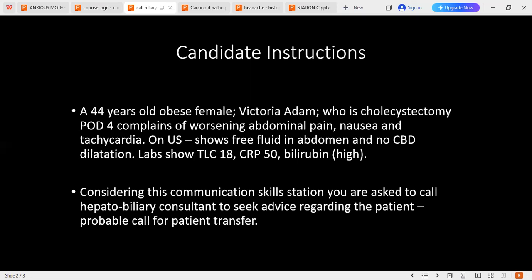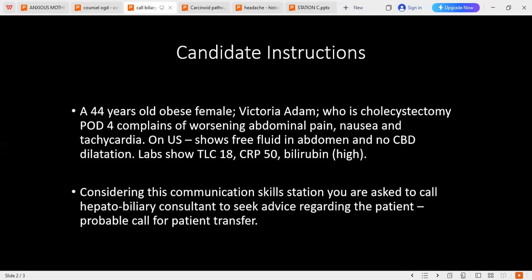The patient is a 44-year-old female who had a cholecystectomy 4 days ago, but is currently having worsening abdominal pain and nausea. Clinically, the patient is tachycardic and jaundiced with abdominal pain.